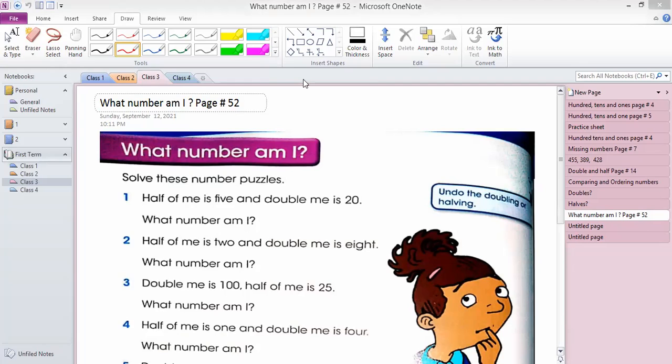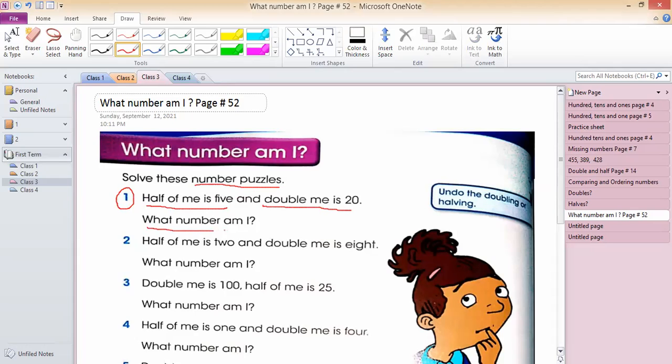Very good. Guys, the topic "What number am I?" is very similar to double and half. The only difference is that here you have to solve some puzzles, number puzzles. The number is saying to you that half of me is 5. Question number 1, I am reading, guys. Half of me is 5 and double of me is 20.